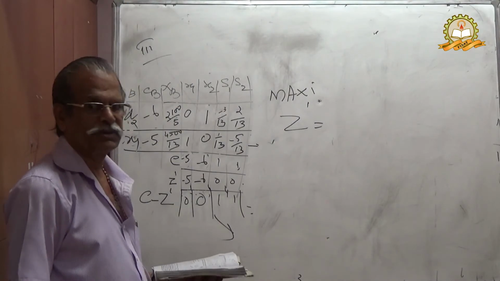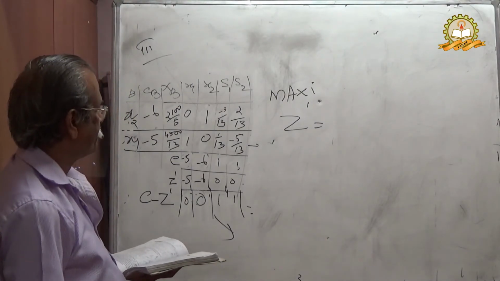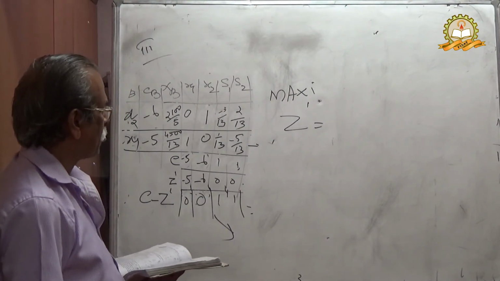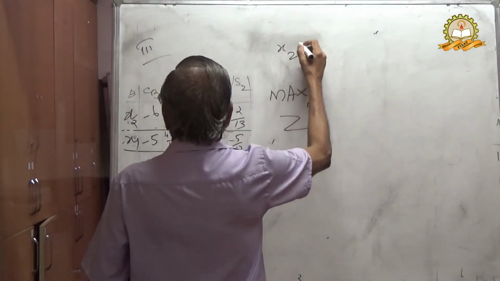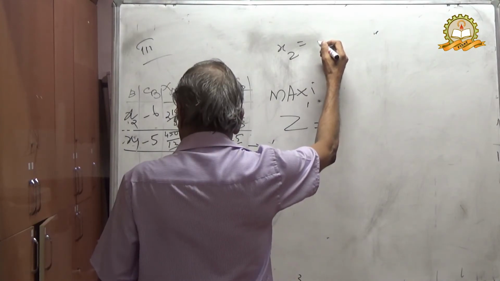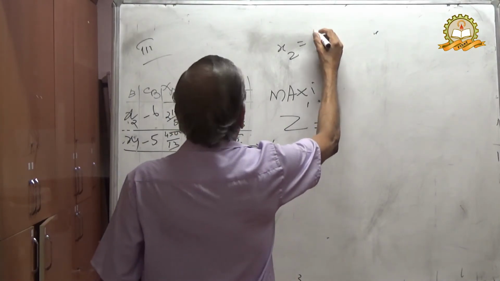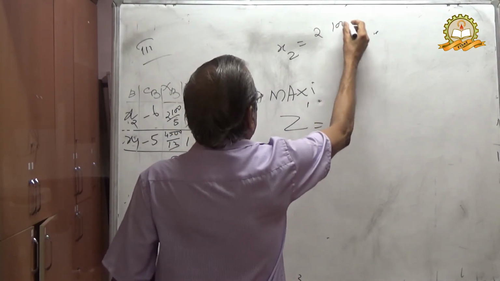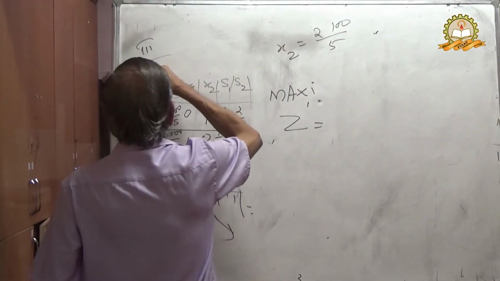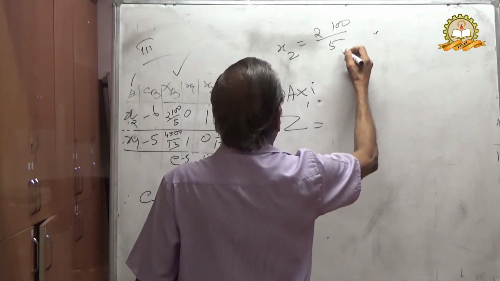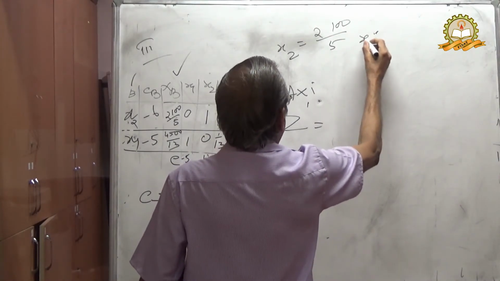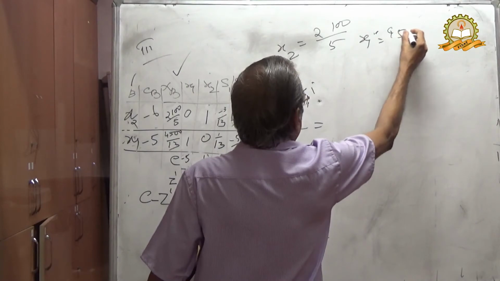Hence, our solution is optimum. And with the values, x2 equal to 2100 by 5, and x1 equal to 45 by 13.